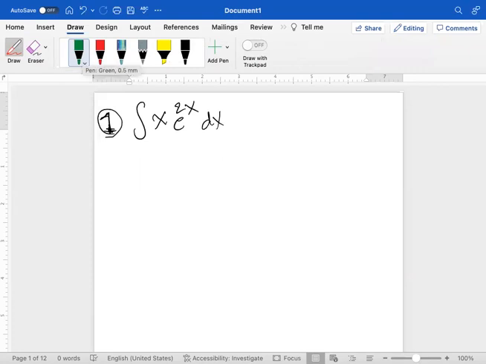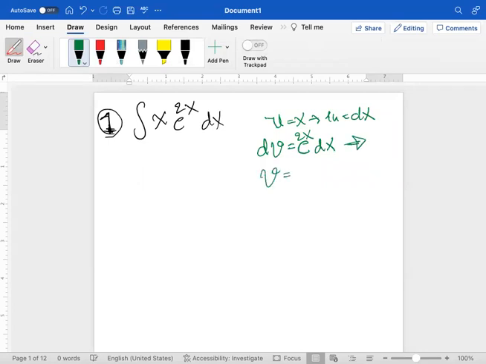As I stated in the last lecture, I will let my u be x so that when I take a derivative, the order of it becomes smaller. So if u equals x, then du is going to be dx, and dv is e to the x dx.